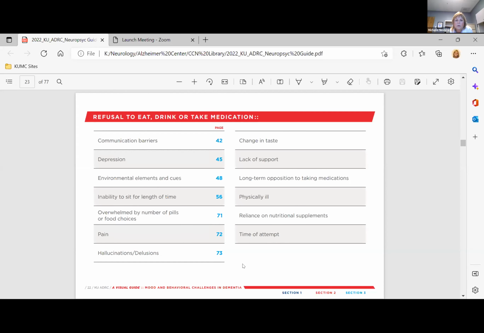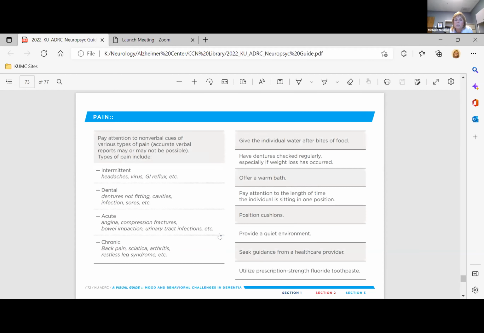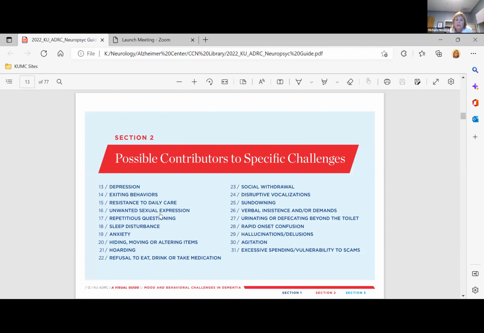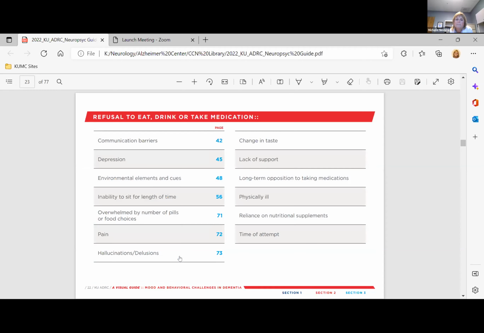So we think through, gosh, maybe it's about pain, maybe they have something going on. So what are we going to do? There's opportunities then to look at how we want to think about that: intermittent, dental, acute, chronic, and go through those suggestions.